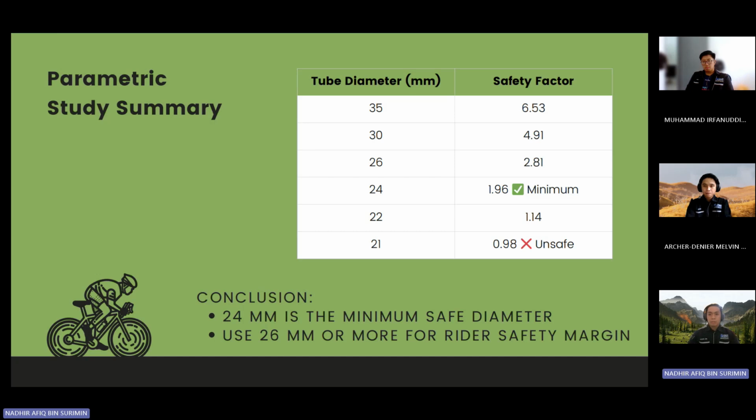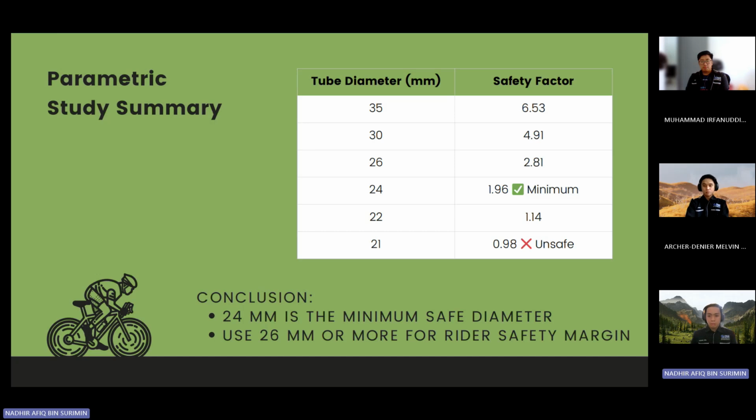the safety factor is 6.53. For 30 mm, the safety factor is 4.91. For 26 mm, the safety factor is 2.3. For 24 mm, the safety factor is 1.96.